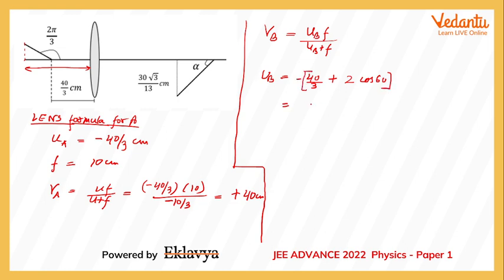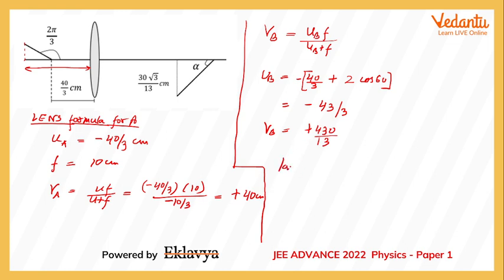After solving, it comes out to be minus 43 divided by 3. That gives us the value of UB. Now if we solve for VB, by a similar approach, we get plus 430 by 13. This is what we get for VB.